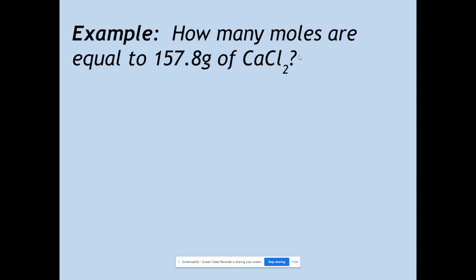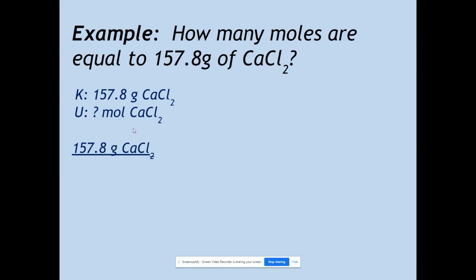Let's do a longer one. It's going to be the same as the last problem, except we have not calculated the molar mass of this substance, calcium chloride. So we've got 157.8 grams of calcium chloride. We want to go to moles. What we need to do is calculate the molar mass of calcium chloride. Here we go. We've got 1 calcium, so 40.08 AMUs.